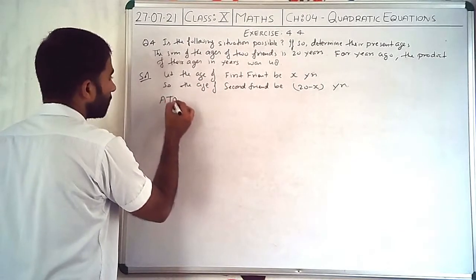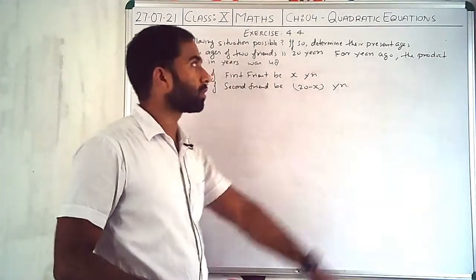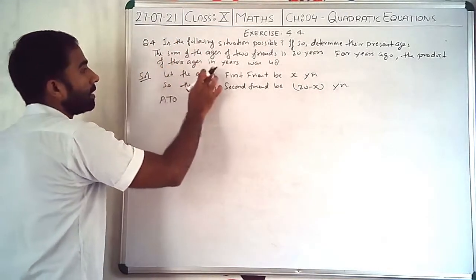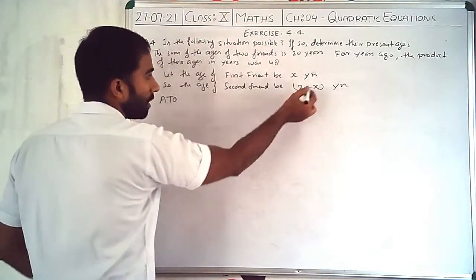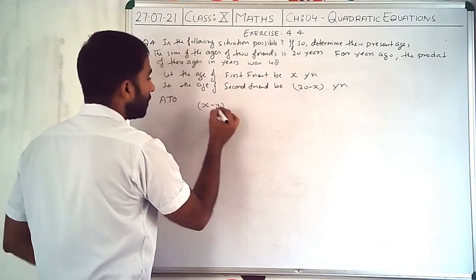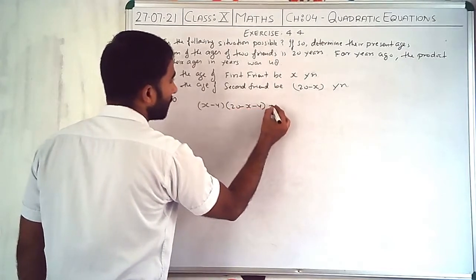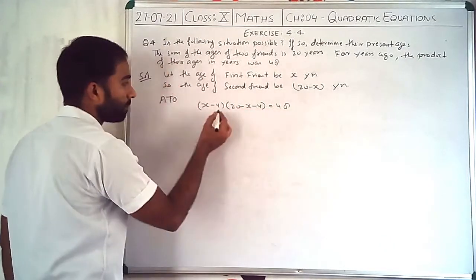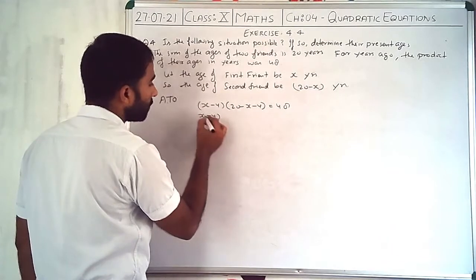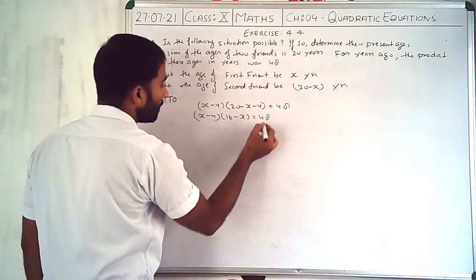According to the question, 4 years ago the product of their ages in years was 48. So we subtract 4 years from both. So (x minus 4) and (20 minus x minus 4) is equal to 48. So (x minus 4) and (16 minus x) is equal to 48.